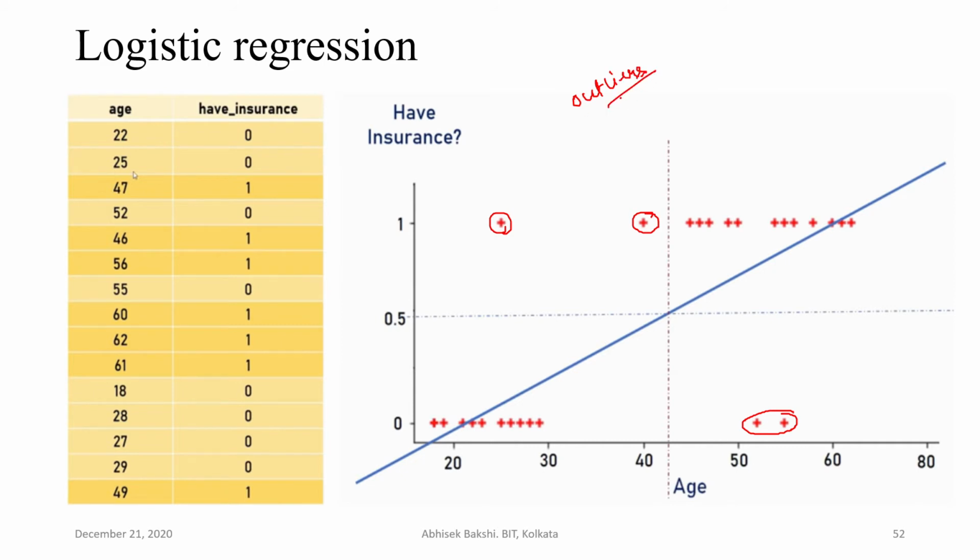What do outliers mean? Outlier means you can assume something like an exception.